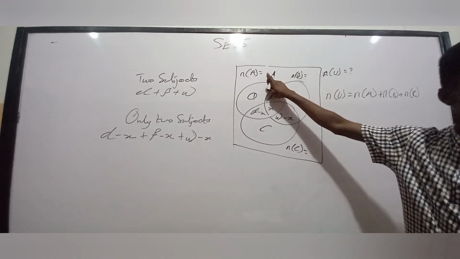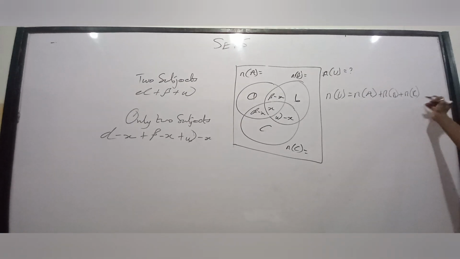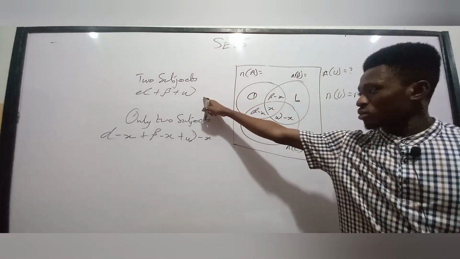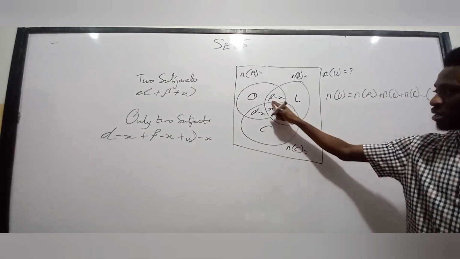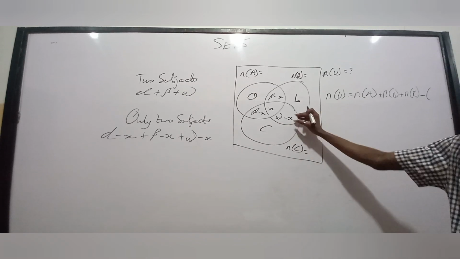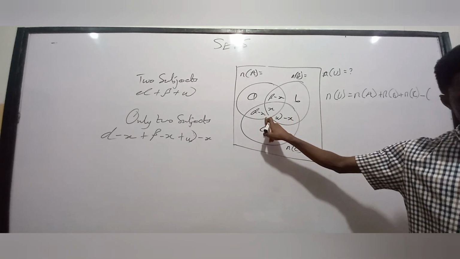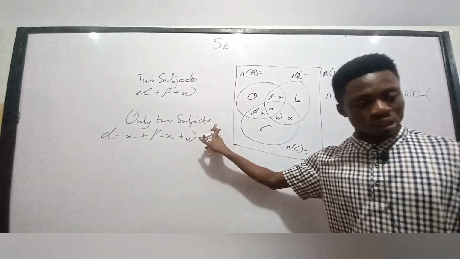You add them, then you subtract the 2 subjects. Not only 2 subjects, 2 subjects. So the A, the B, and the C. Don't subtract the ones that you've subtracted the 3 subjects from. When you subtract the x, it becomes only 2 subjects.